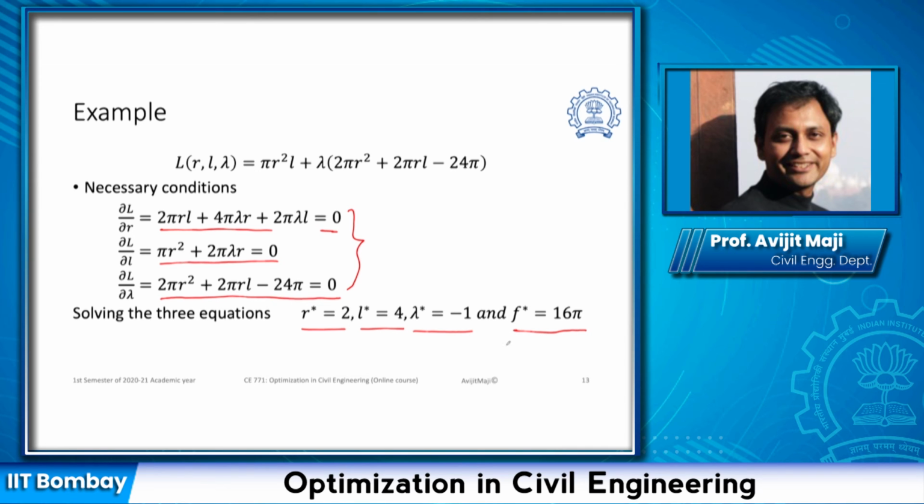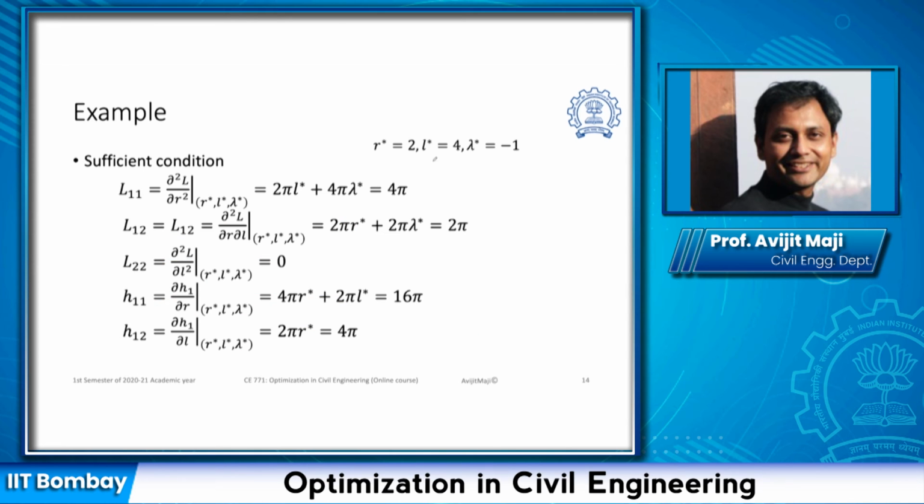However, we cannot conclude at this point that we have obtained the maximum value unless we look into the sufficiency condition. So let's look into the sufficient condition. We have the design variable value of this, and in the sufficiency condition we need to calculate the various terms of the Lagrange function.